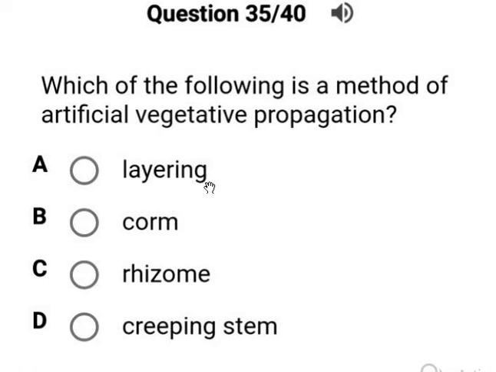So instead of layering, they can put grafting, cutting, budding, or marcotting. The option for artificial vegetative propagation is layering, and all the other options are not. Maybe next year they can put budding or grafting, or cutting or marcotting. So A is the best option.